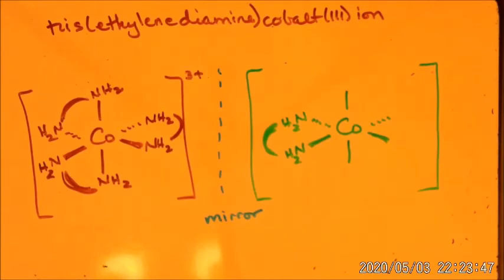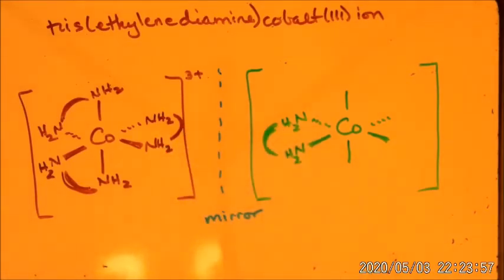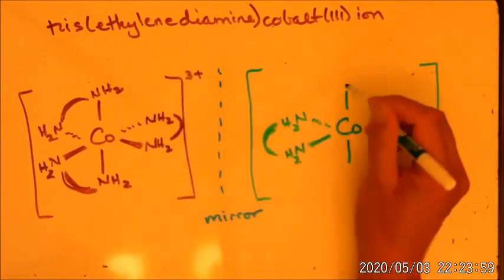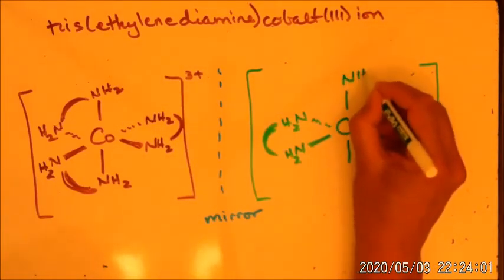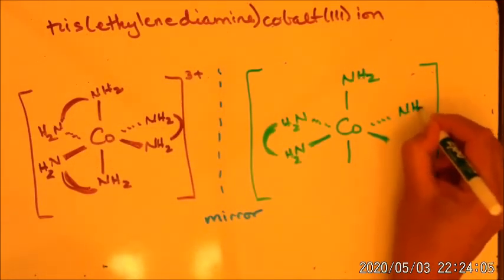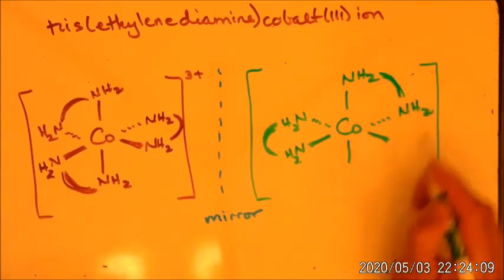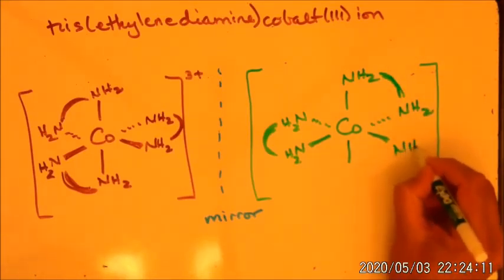If my pinky's closest to the mirror, then on the other side the pinky's going to be closest to the mirror. So if these two NH2s are close to the mirror, then those two NH2s are close to the mirror. If this top one goes to the dash, then this top one goes to the dash. And then we have the bottom one.